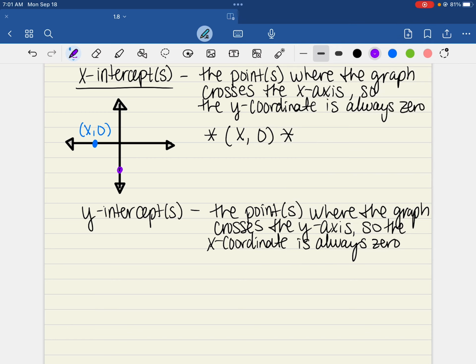So if you have something cross the y-axis, it will always be (0, y).